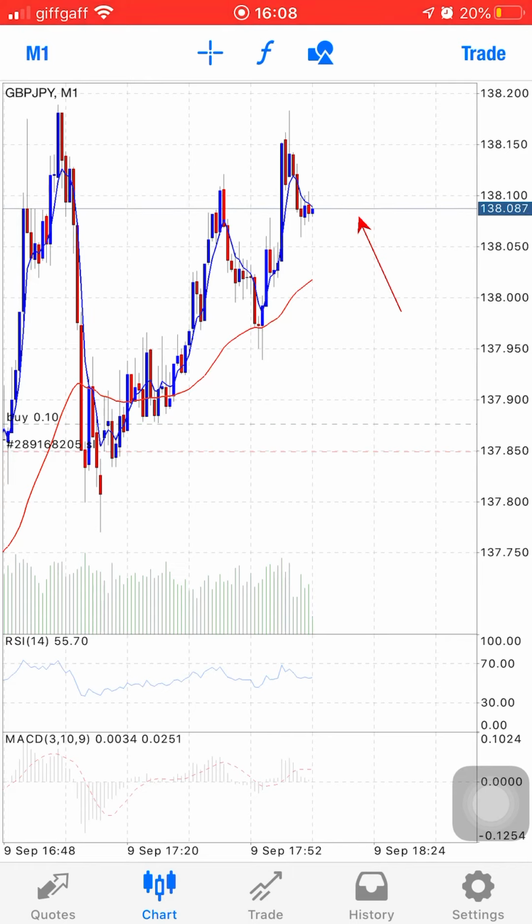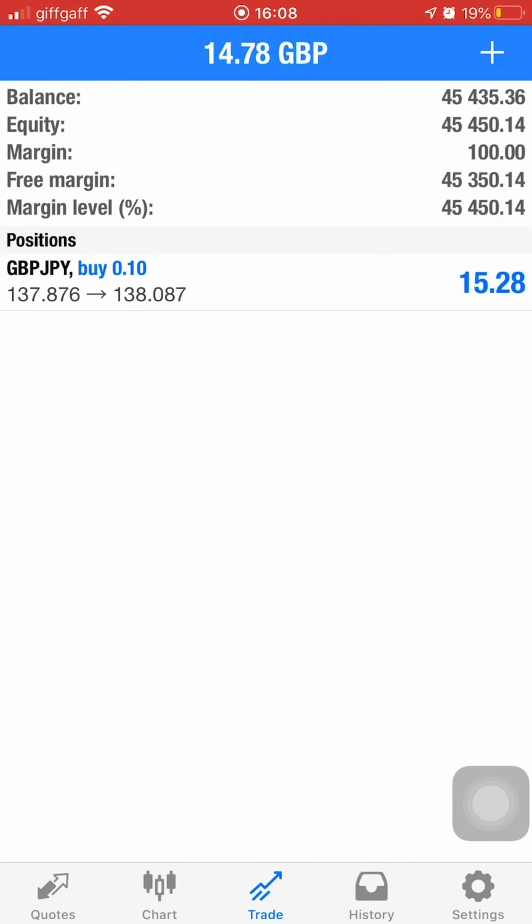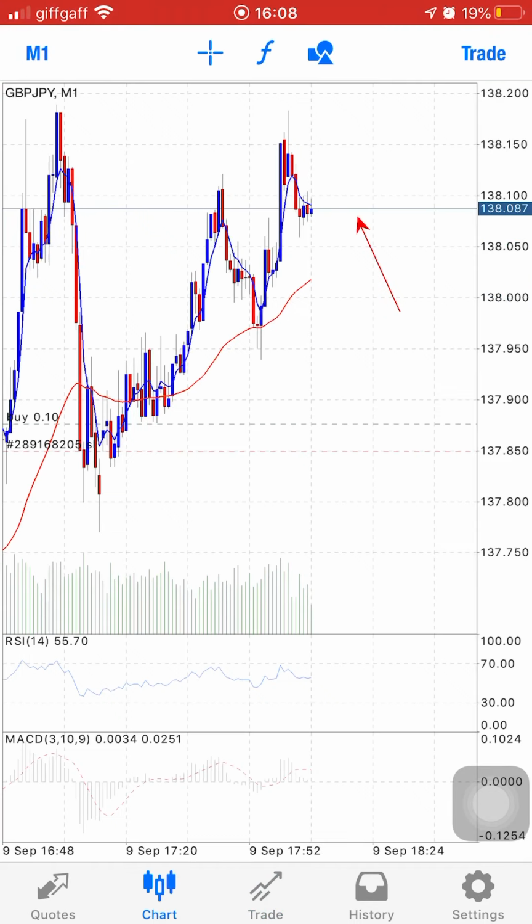Now I believe that the trade has more to give, so I want to hold it longer, but I also want to make sure I protect myself. So now I want to risk free the trade. You can see I'm in profit right now, so I want to move my stop loss to break even.